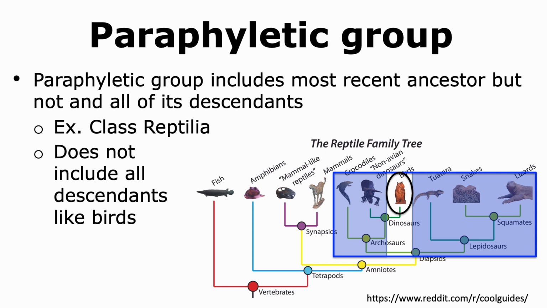However, they are still not included in the class of Reptilia. Thus, the class of Reptilia is a paraphyletic group because it does not include all the descendants that came from the most recent ancestor, and hence the class of Reptilia is not a clade.